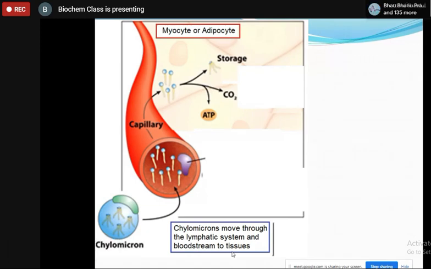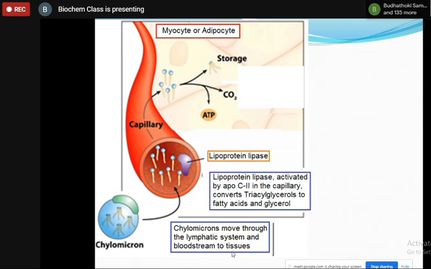When they reach the capillaries, they are acted upon by the enzyme lipoprotein lipase. What does this lipoprotein lipase do? It degrades the triacylglycerol present within the chylomicrons. The triacylglycerols are converted to fatty acids and glycerol.